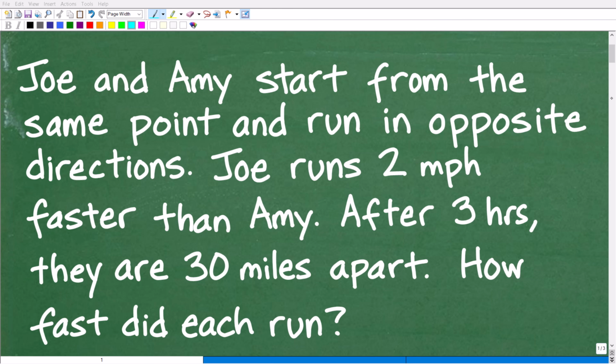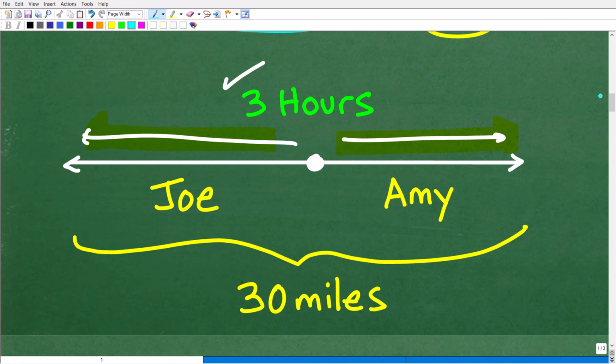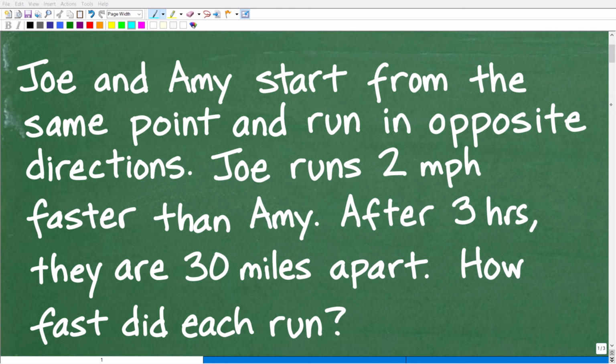So we don't really know any more information than what we have in this problem. So we need to think about some variables here. Well, what could we use? Well, when you are thinking about how to use algebra to solve a word problem, in general, let your variables represent what the question asks. This is pretty much how you want to do it in all algebra word problems, but there are, of course, exceptions to everything.